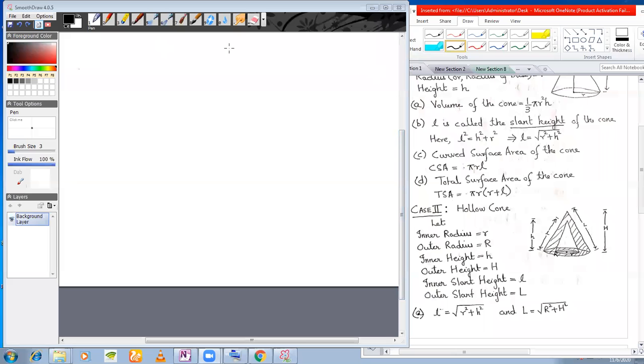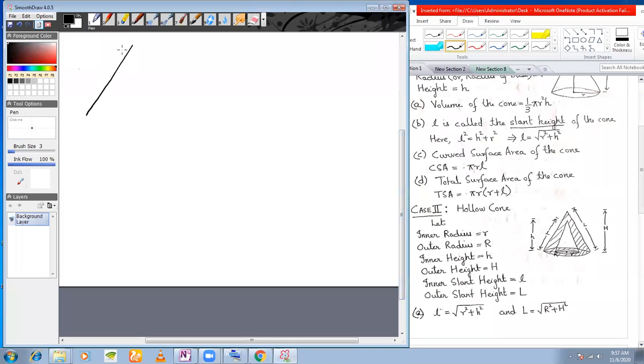Okay, so for a cone, as I told you, you have a slant height, you have a height, and you have a base radius.